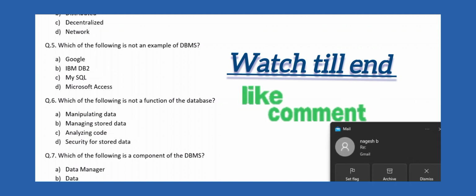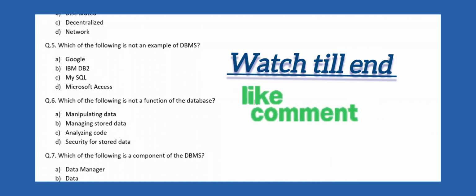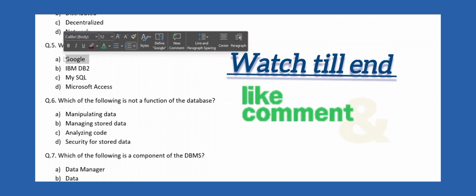So from the options available, IBM DB2, that is option B, option C is MySQL, and option D, that is Microsoft Access. These all three are examples of DBMS to store data and to perform all the operations included in the database management system. But Google is a search engine. Fine. So Google is not an example of DBMS. So option A is the correct answer for question number 5.